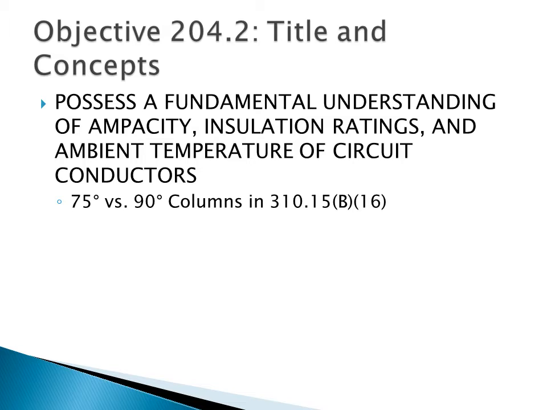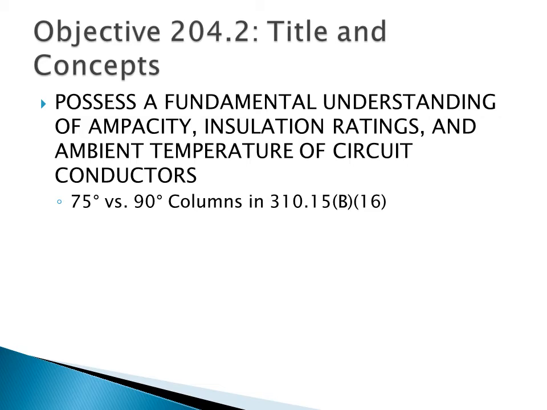Now, what I mean by 75 versus 90 is the question is going to see if you know when to use which column. And before I go on, let me just distinguish those two really quickly. In the 75-degree column, you see the different insulation temperature ratings for the insulation, and then you see the same in the 90-degree column.